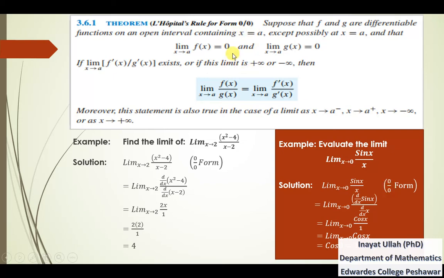Now using the criteria of L'Hopital's rule, find the derivative of the above function and the derivative of the below function. The derivative of sin is cos and the derivative of x is 1. Now cos of x by 1 is actually cos of x. Now if you replace x by 0 here, that becomes cos of 0, and we know that cos of 0 is 1. This is a very simple approach to find the limiting value of a rational function which is in 0 by 0 form.